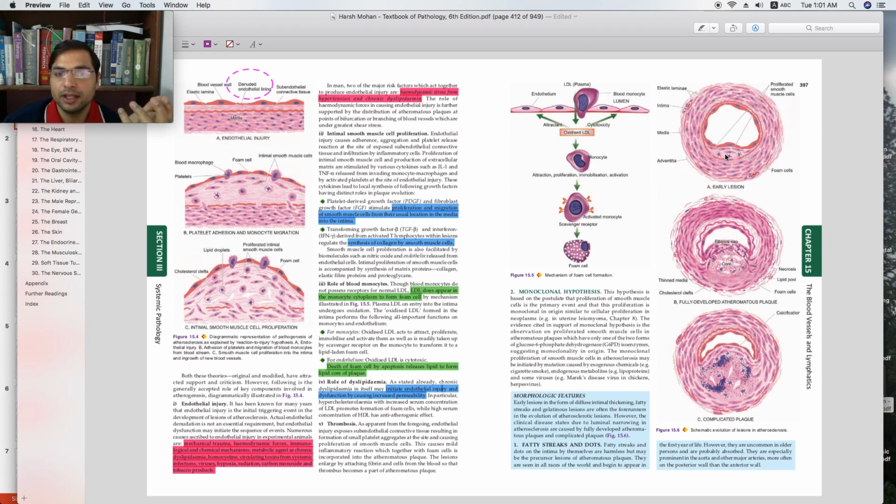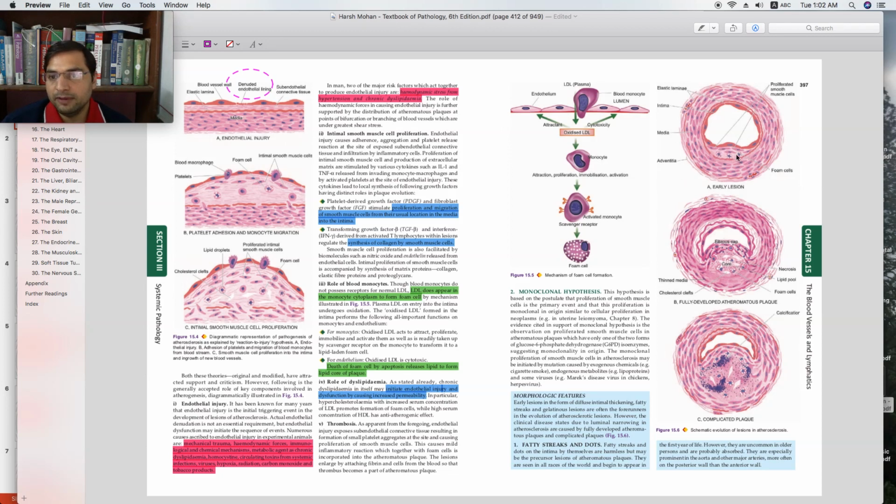Also there is proliferation and migration of smooth muscle cells from the media layer into the intima layer. So now the intima layer also contains smooth muscle cells and they proliferate. Also the collagen inside the intima layer proliferates. So it leads to narrowing of the blood vessel aperture. The blood vessel becomes narrowed, or you can say thickened and hardened.